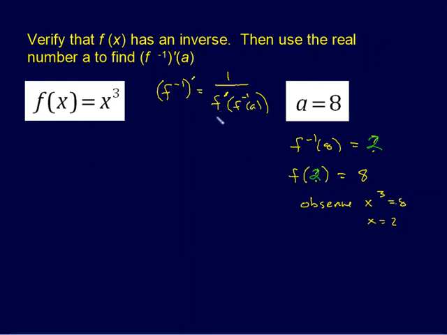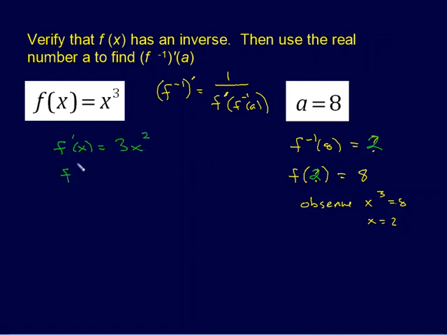Essentially what this theorem says is, if I can find the slope of f of x at 2, the slope I want is the reciprocal of that. So I'm going to find f prime of 2 first, by first finding f prime of x, and this time that's an easy one. That's 3x squared.